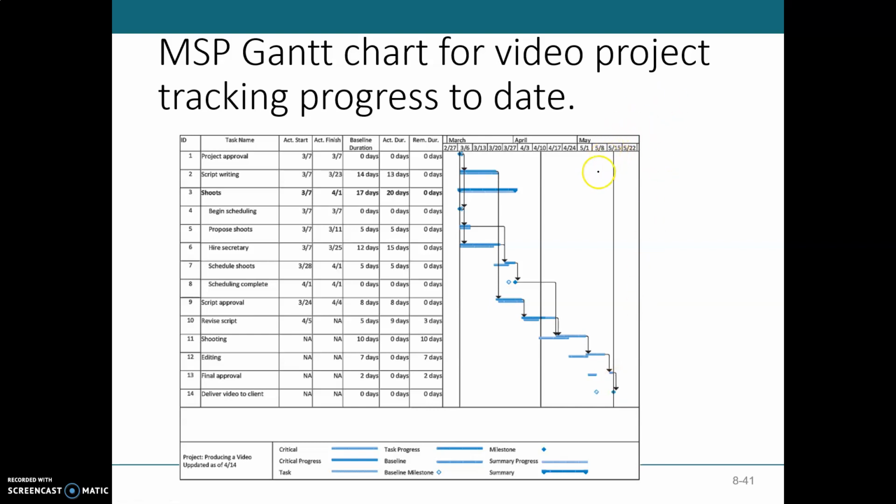And from the original baseline bar charts and the actual bar charts, you can see the difference between these two bars, which will show you the progress of the project.